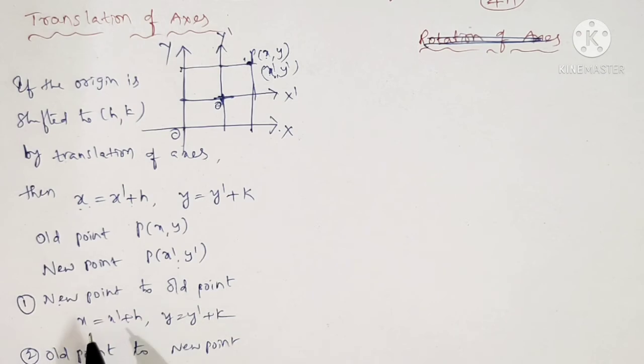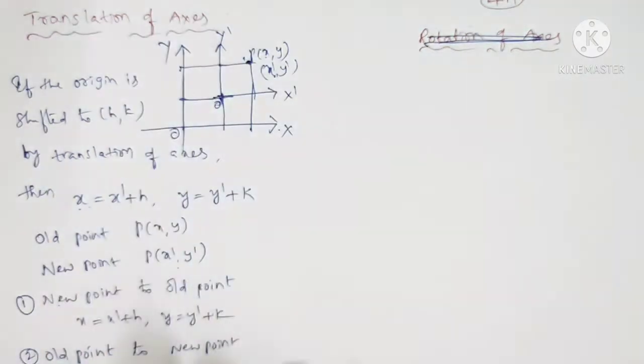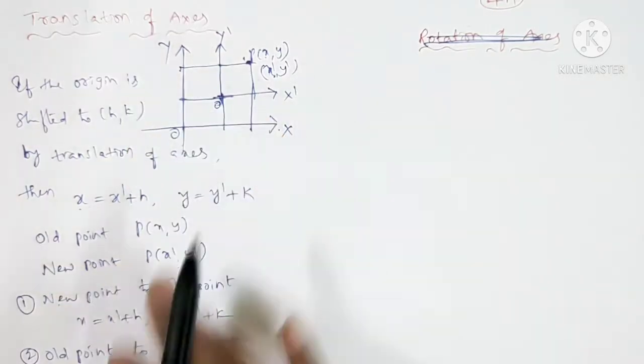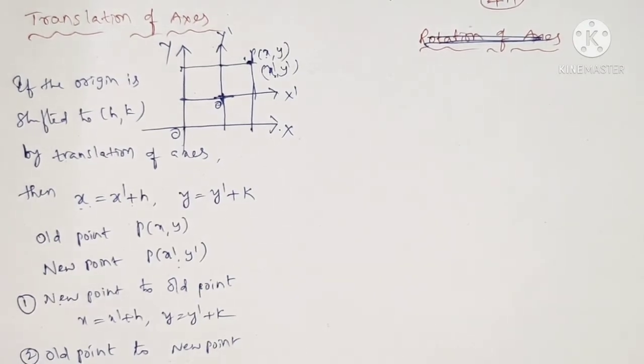Original point means the point which is in the old system. That means (x, y) is the old point. The point which is in the new system, that is (x dash, y dash), is called the new point. Now what about the situation of the curve? That is the main point.